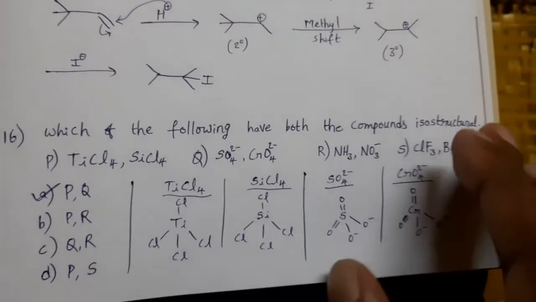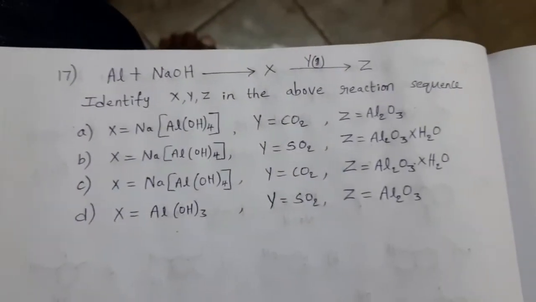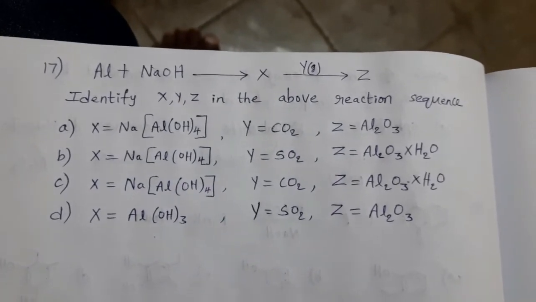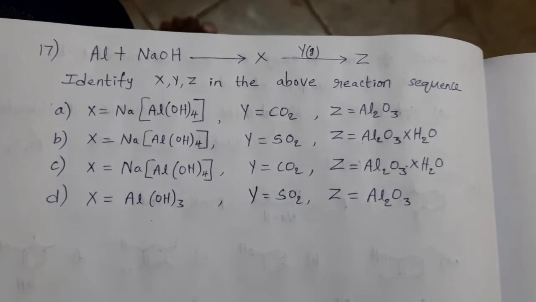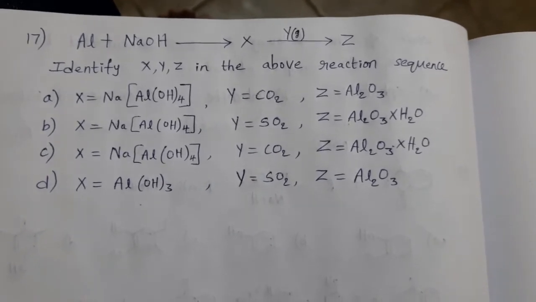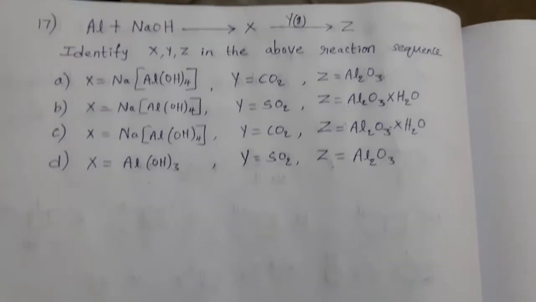Okay students, next one. Al plus NaOH gives rise to X. It is treated with Y, a gas, and we get Z. Identify X, Y, Z in the above reaction sequence.